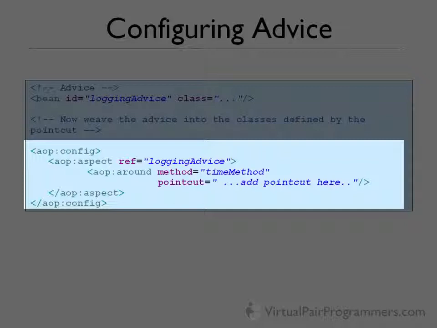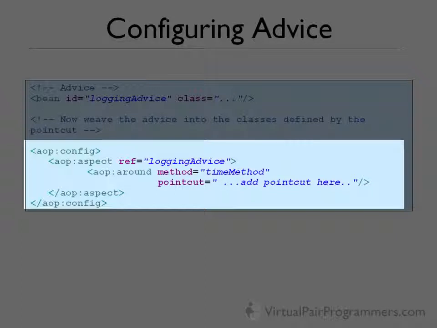The AOP:config tag allows me to define the configuration of all of my aspects. Now, I must stress, this is quite an important point, that the end result of using these tags is exactly the same as we had in the previous chapters. Spring is going to go away and create some dynamic proxies for our services.